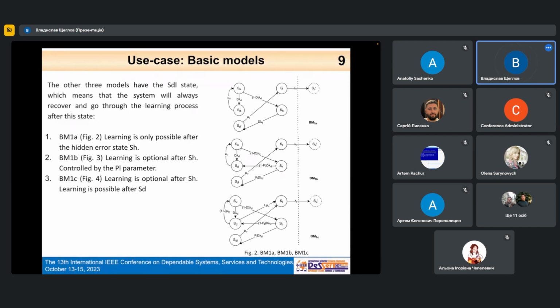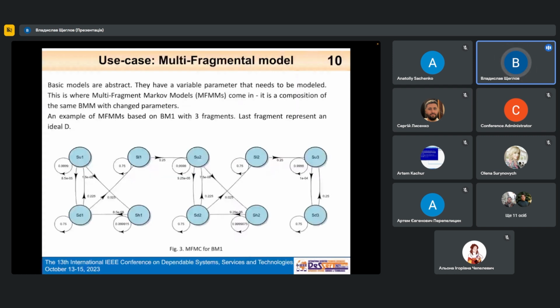For example, we added one more state, the SDL state, which means that every time we end up in this state, we need to transition to the learning state. So this is the only difference: the difference between models is in the logic of transitioning between a hidden error state and how we end up in the learning state. But we will focus on basic model 1.